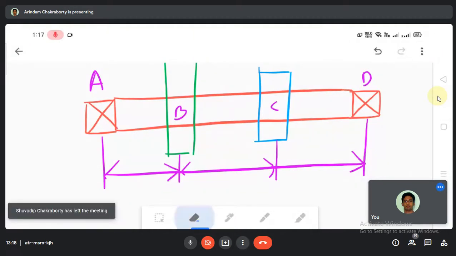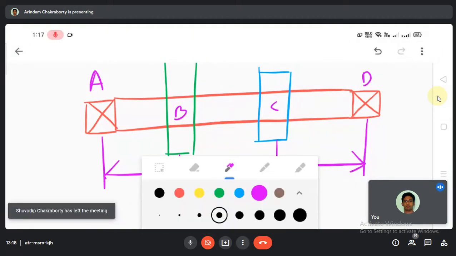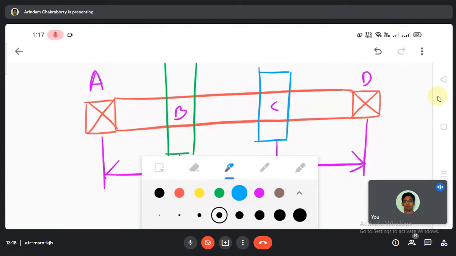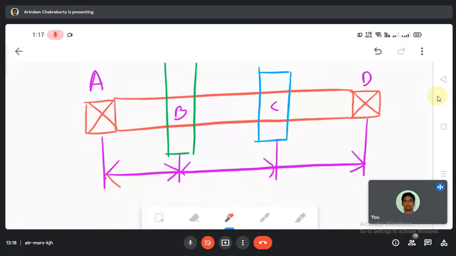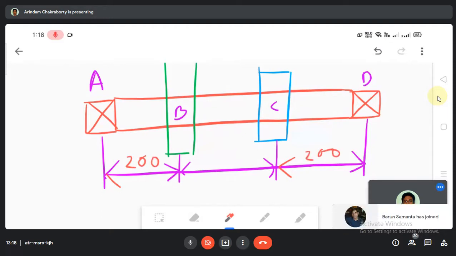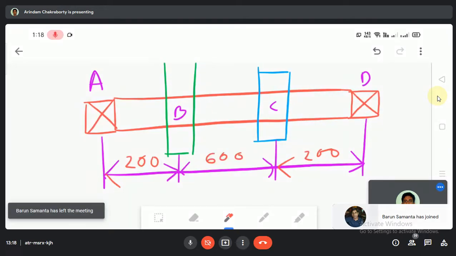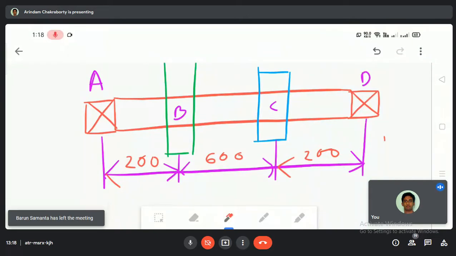So let us take this blue and red, let us consider this to have 200, this is 200 and this is 600, okay, fine. And this is the front view. This would be given, I am writing in the short form, front view.